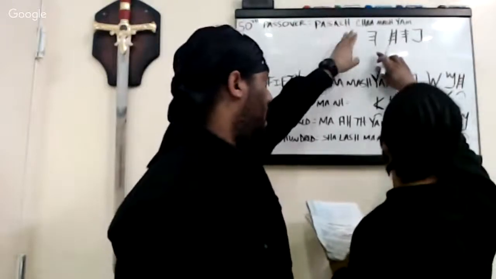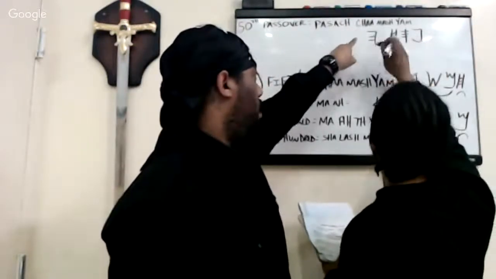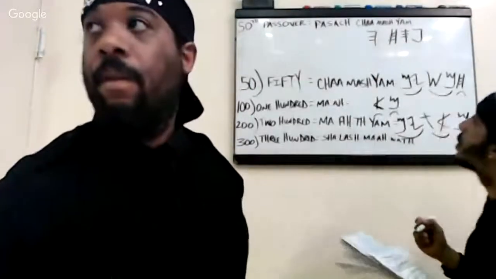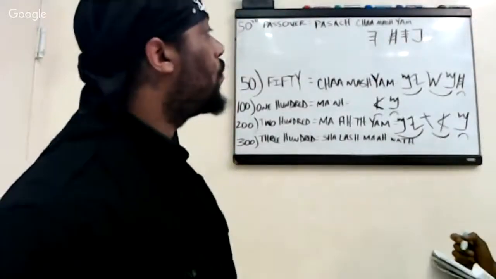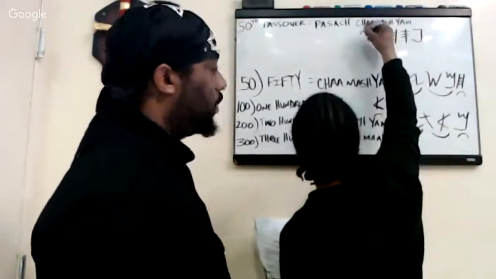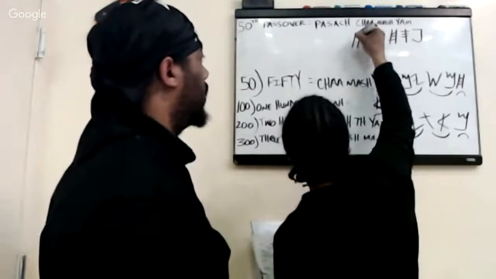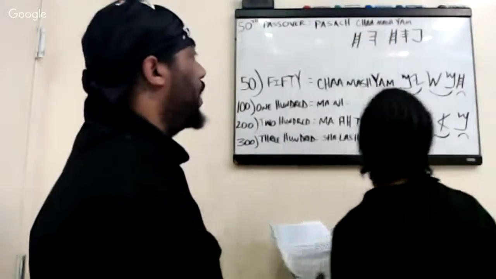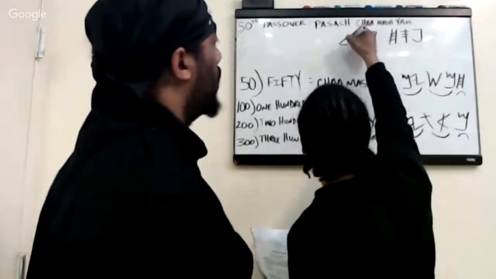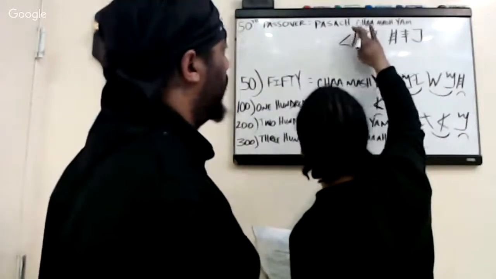This is the word ha. So that's the ha. We got ha. We want kamashim now. You mixed that up.